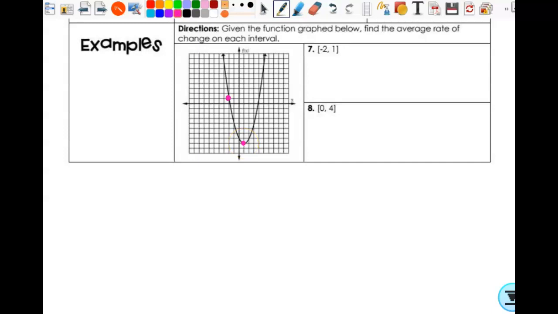So my interval goes from, this is A right here, this is B. So I'm going from the average rate of change going from -2 to 1. I'm going to find the slope of this secant line. That's equal to f of 1 minus f of -2 over 1 minus -2.